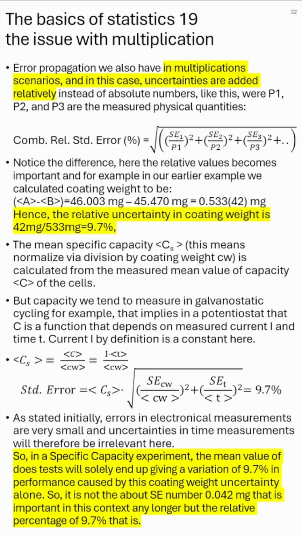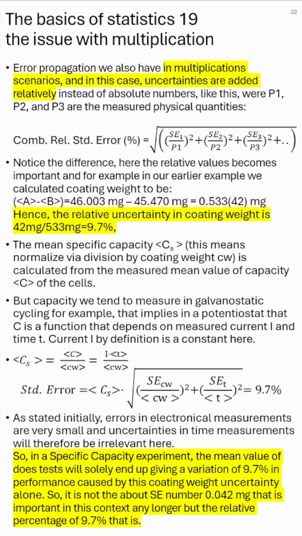So if we want to decide what the specific capacity is, specific means that we normalize against mass. We divide by the mass of the active electrode mass of the cell. So in the potentiostat, we are measuring the absolute capacity. And then we divide by the mass of that electrode.